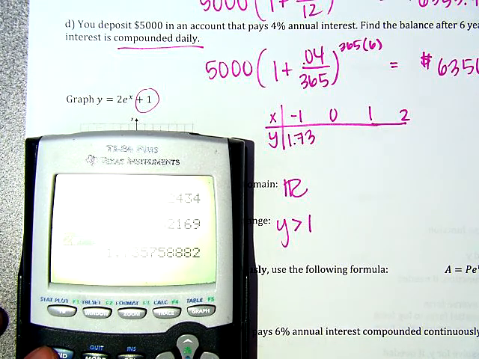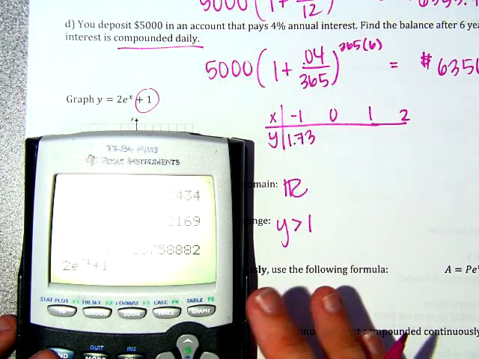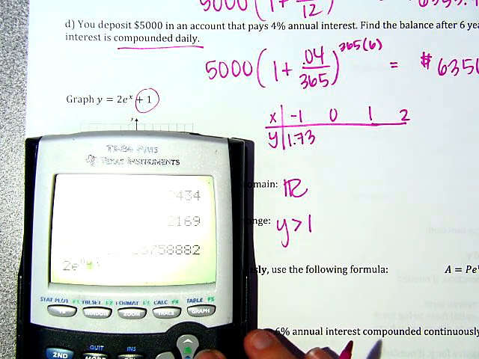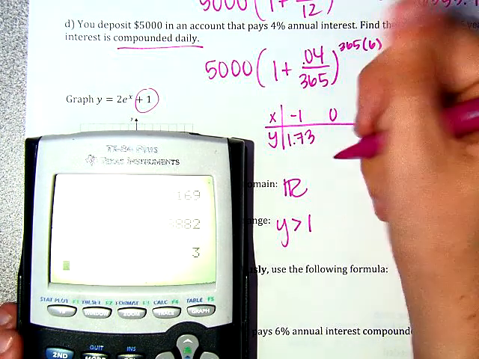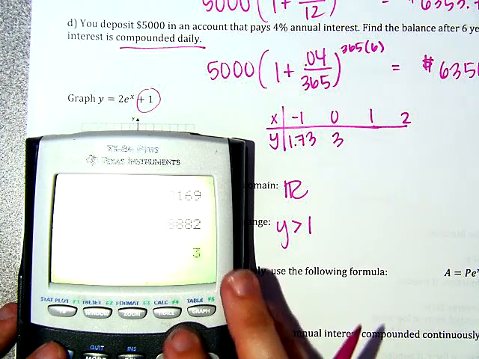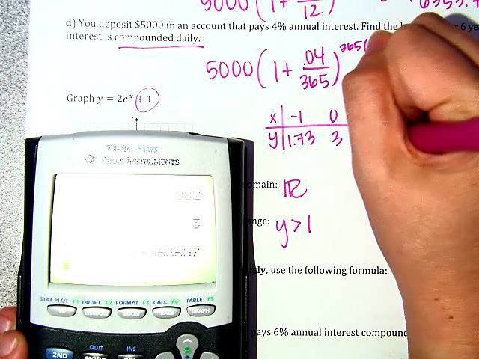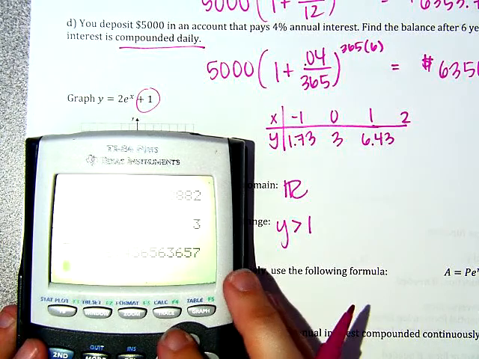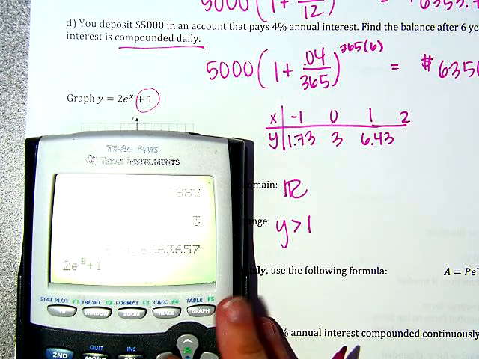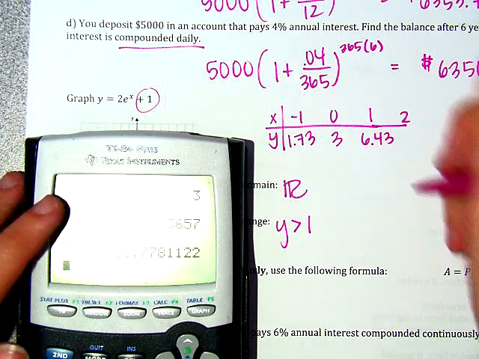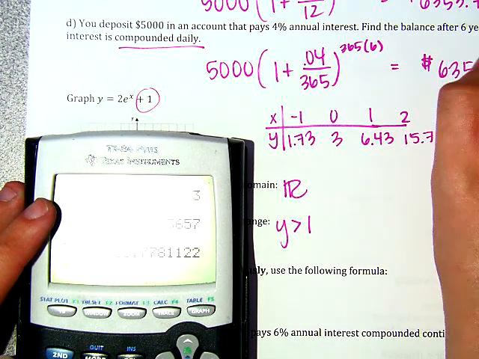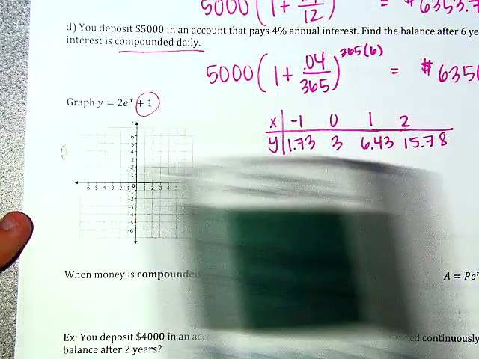Do the same thing. This time, instead of -1, it's going to be 0. Gives me 3. This time, instead of 0, it's 1. Gives me 6.43. And then one more time, gives me 15.78. Ooh, that's large.